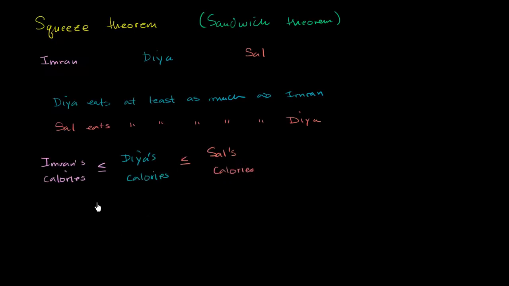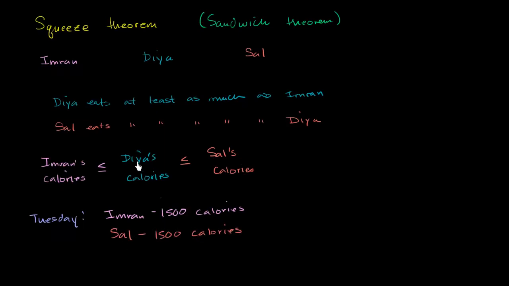Now let's say that it's Tuesday. Let's say on Tuesday, you find out that Imran ate 1,500 calories. And on that same day, Sal also ate 1,500 calories. So based on this, how many calories must Dia have eaten that day?